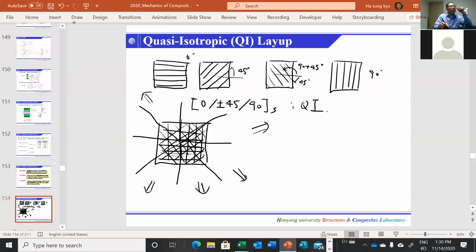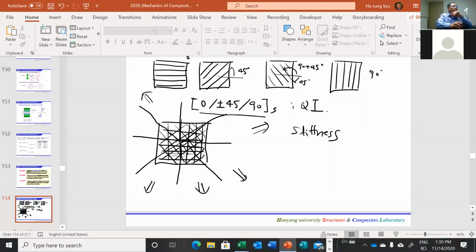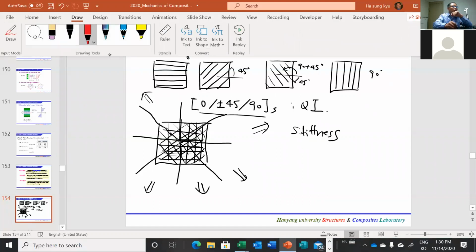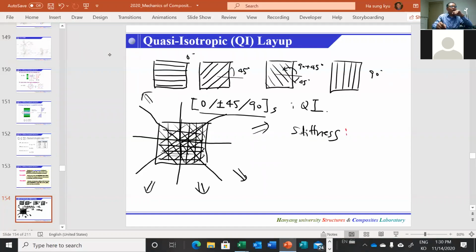And another important point is that here, behavior-wise, the stiffness in every direction is the same. It's a little bit difficult to understand. The stiffness is isotropic.